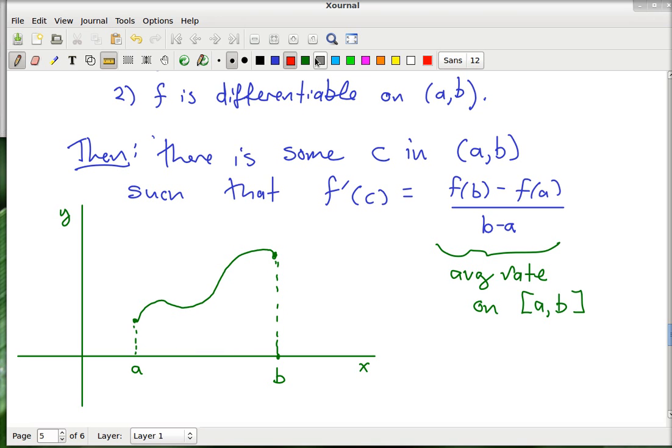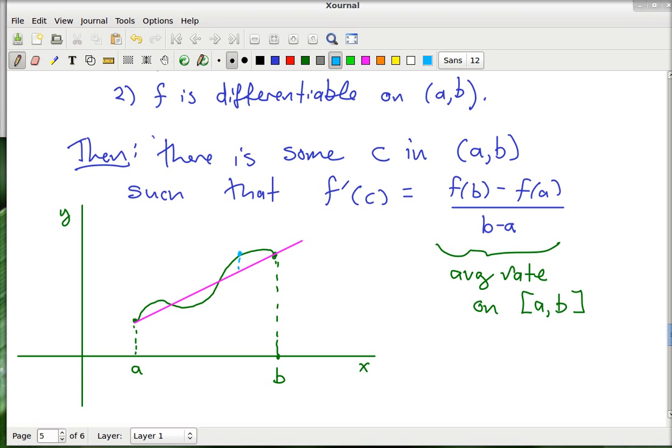And what good properties is c supposed to have? It's supposed to have the good property that if you think about the secant line that connects a and b, then the tangent at c is exactly parallel to the secant line. And we went over how this is a generalization of Rolle's theorem from class.